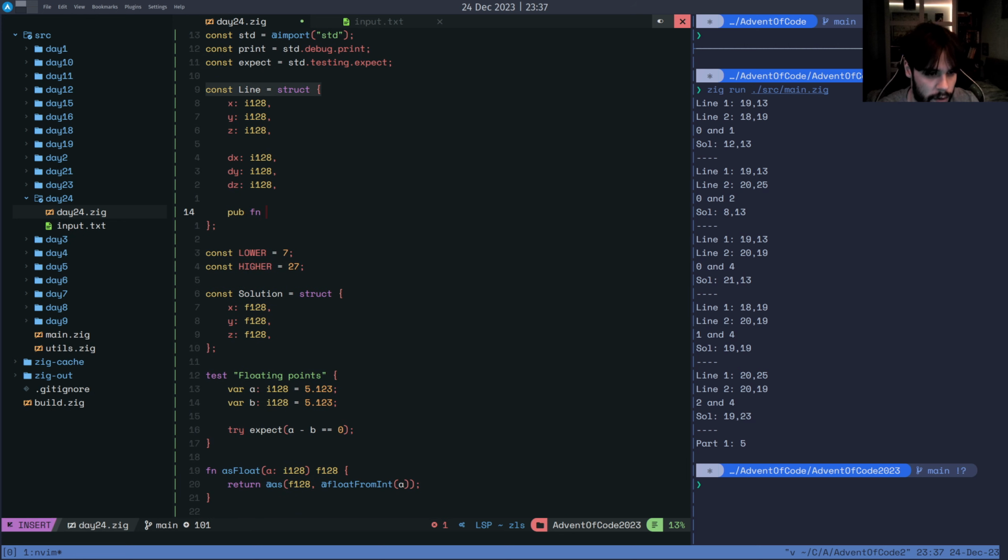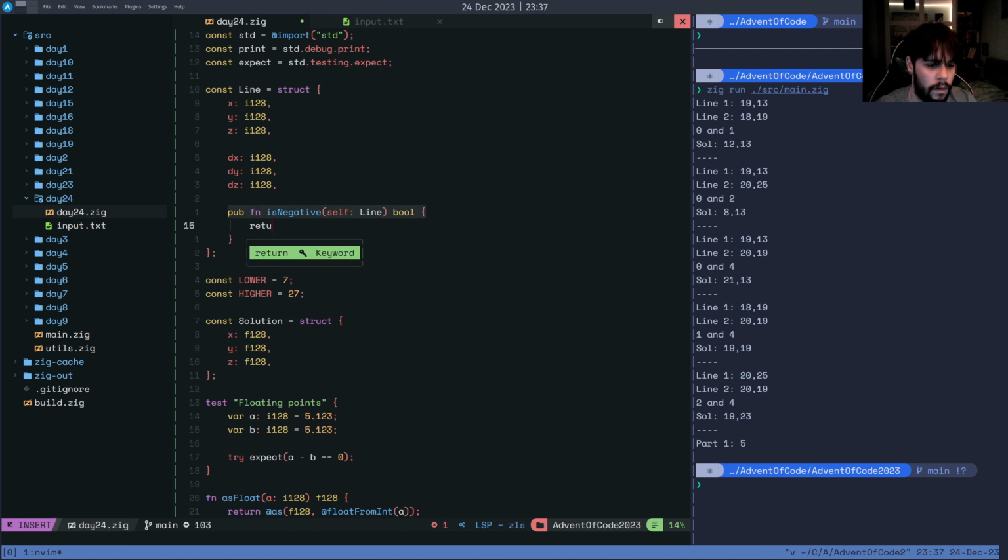I can do part function is negative, takes in a self line, and what it returns is a boolean. Return whether, so if it is negative, it is dy is less than 0 or x, or oh, we can't really do an x or though, can we?